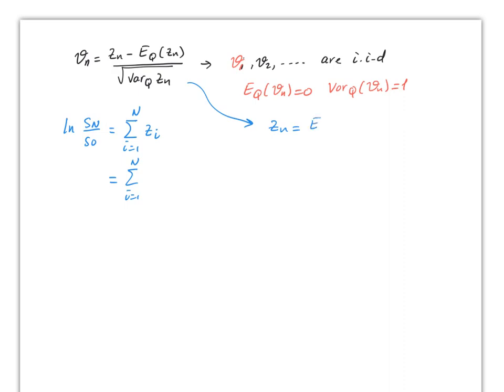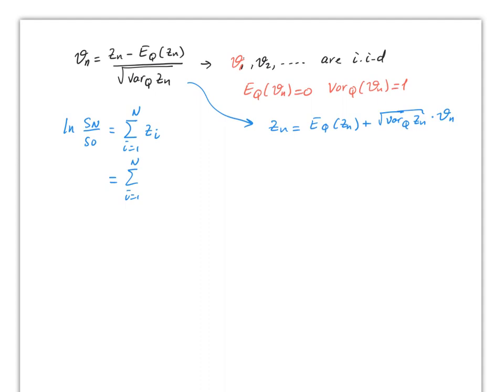This is going to be the expected value with respect to q of Zn plus the square root of the variance with respect to q of Zn times epsilon n.